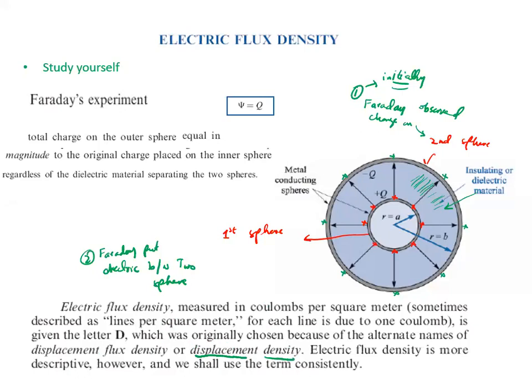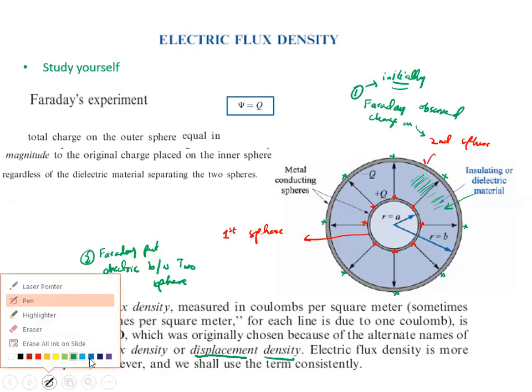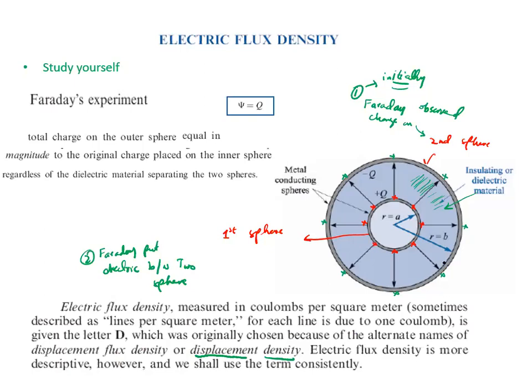Now actually what happened, if we consider this tiny little region and zoom into it, you know that there is this positive charge and this negative charge here.